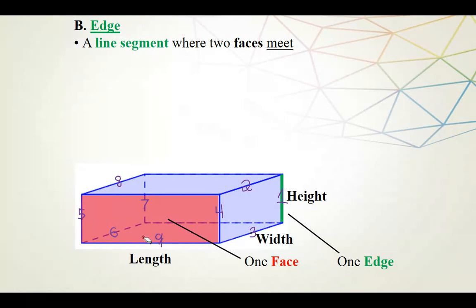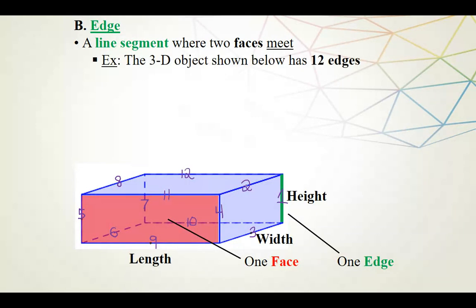Let's erase that so it's a bit more clear. Okay, this would be number 9. And you'd have number 10 at the very back. And the top face, you'd have an edge here, number 11. And you'd have number 12 at this position. Therefore, this right rectangular prism has 12 edges, 12 line segments where 2 different faces meet up.